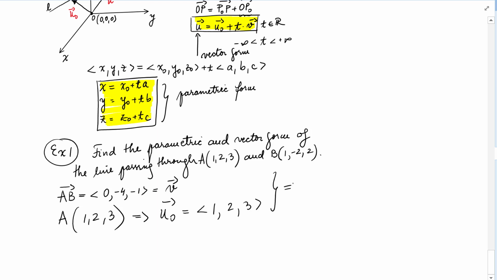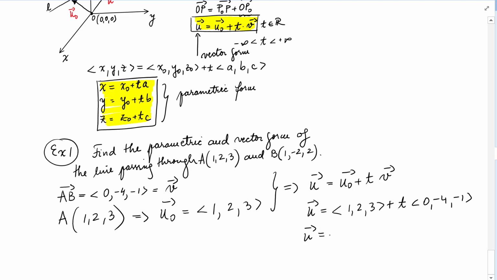So if I want to write the vector form of the line that is passing through A and B, it's going to be u naught plus t times v. So u is going to be 1, 2, 3 plus t times 0, -4, -1. So u is equal to 1, 2 minus 4t, 3 minus t. And this is the vector form.